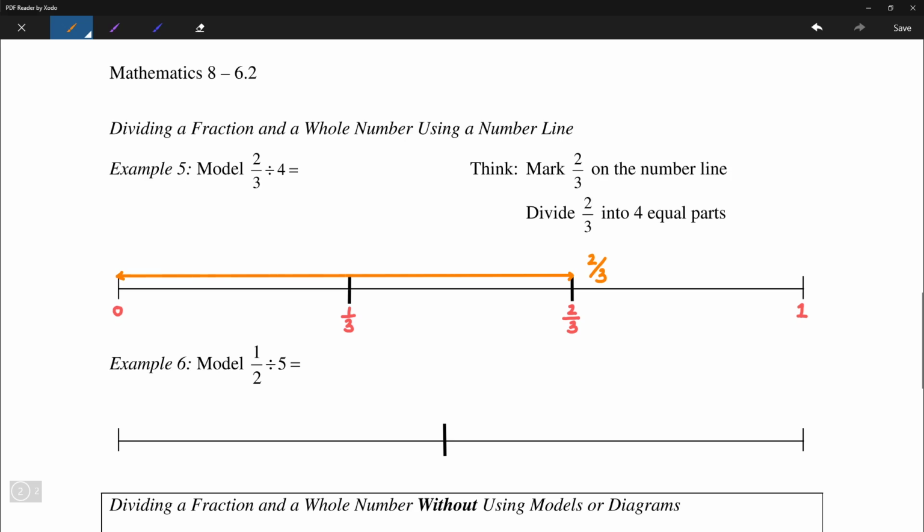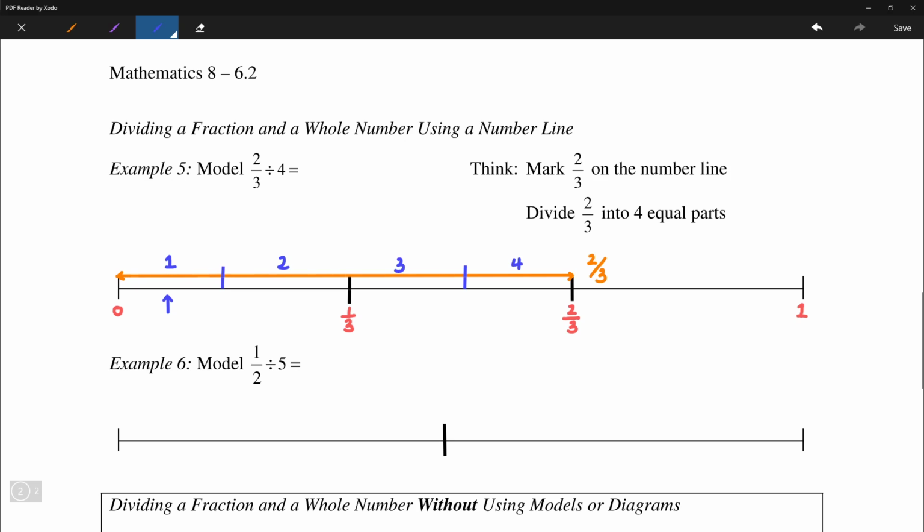And we are going to divide this fraction into 4 equal parts. Okay, so maybe something like this here. And we have parts 1, 2, 3, and 4. And here we need to consider what is the size of each one of these groups.